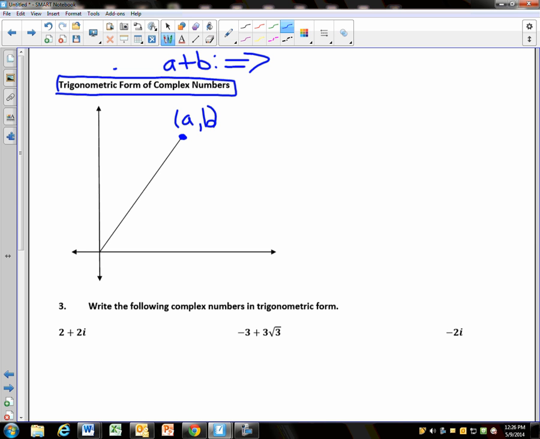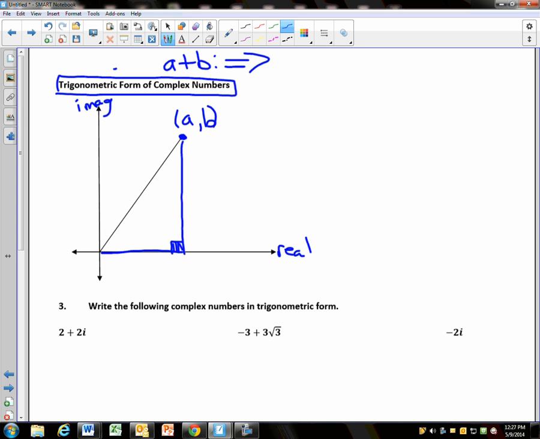As you notice, we could write that as a coordinate of, say, (a, b), because this was the real axis, this was the imaginary axis. So we go a units on the real axis, we go b units in the imaginary direction, and we get that point. We draw the segment. I'm going to create a triangle here, because trigonometric form always begins with a triangle.